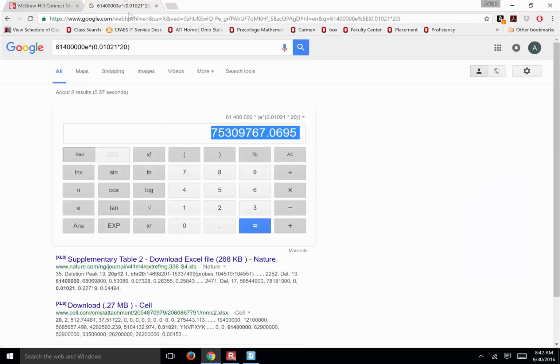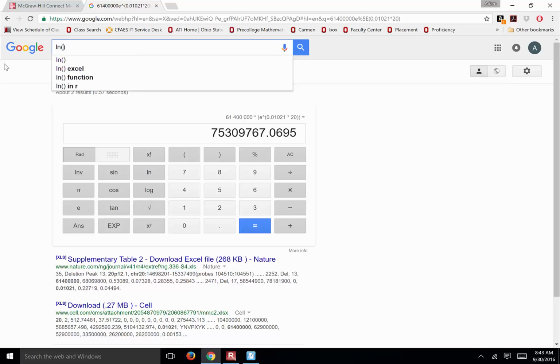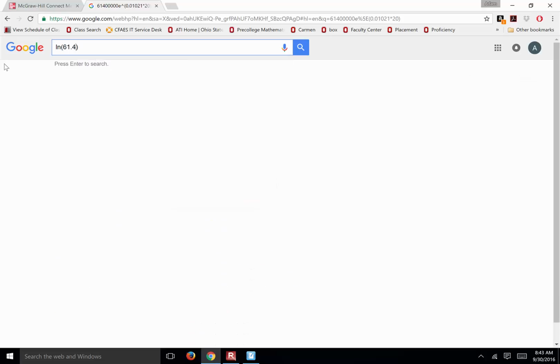Let's take a calculator. ln of 100 divided by 61.4, and divide the whole thing by 0.01021. Okay, let's make sure we take this in parentheses so I know that number divides the whole top.